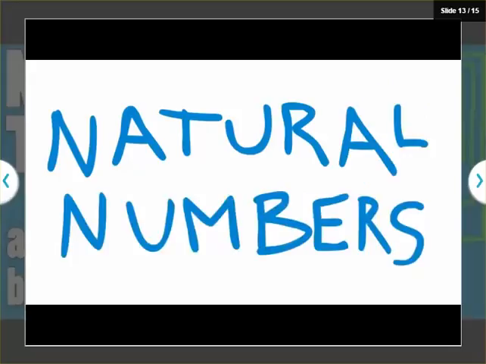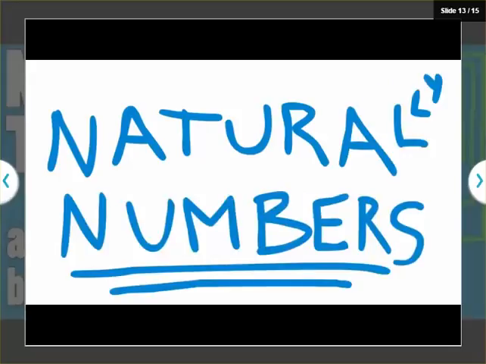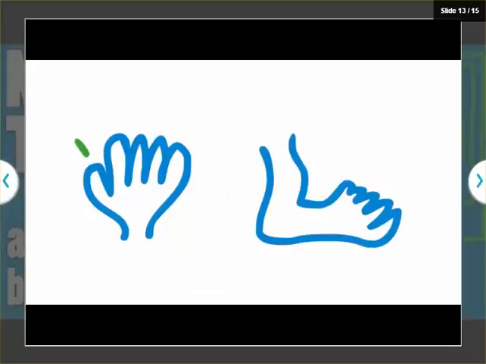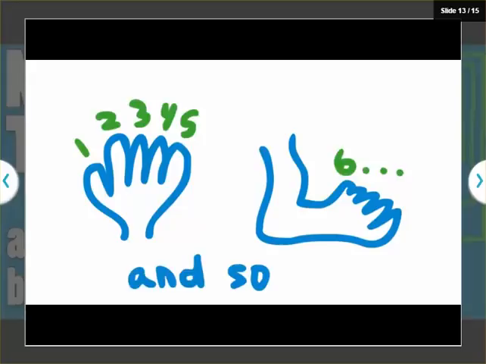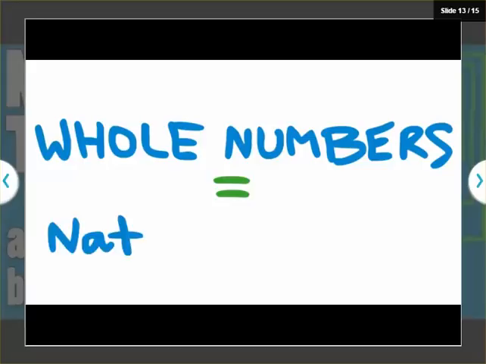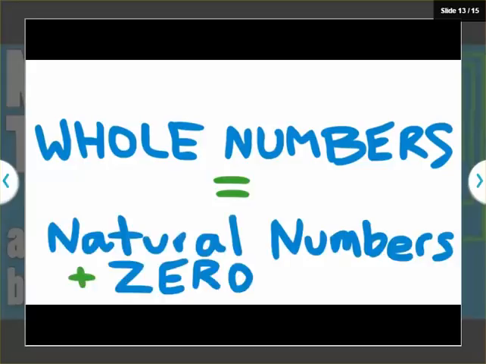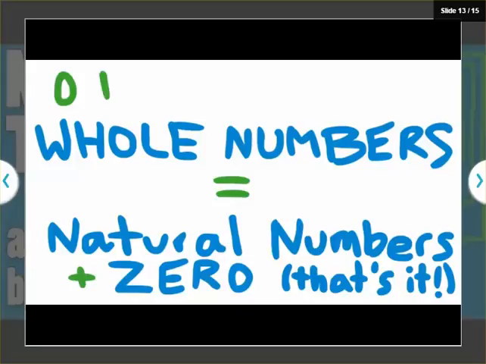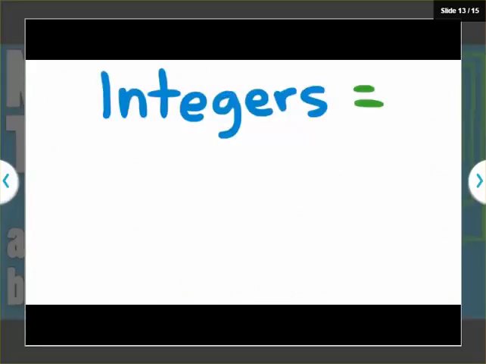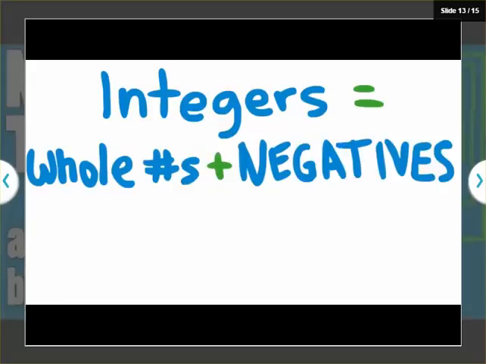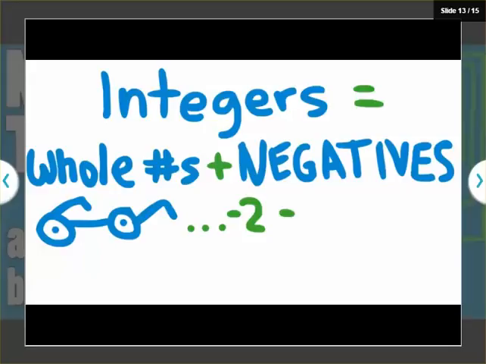Natural numbers are naturally numbers you count on your hands and your feet. 1, 2, 3, 4, 5, 6, and so on. Whole numbers are natural numbers plus 0. That's the only difference. 0, 1, 2, 3, and so on. Integers are whole numbers plus negatives. They look a little bit like this. -2, -1, 0, 1, and so on.